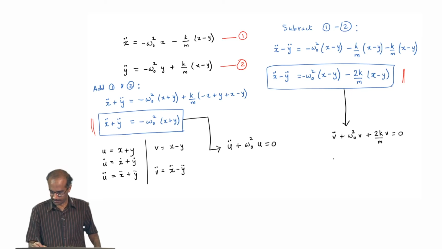Of course, this can be further simplified. So, v double dot plus omega 0 square plus 2 k by m into v is equal to 0.